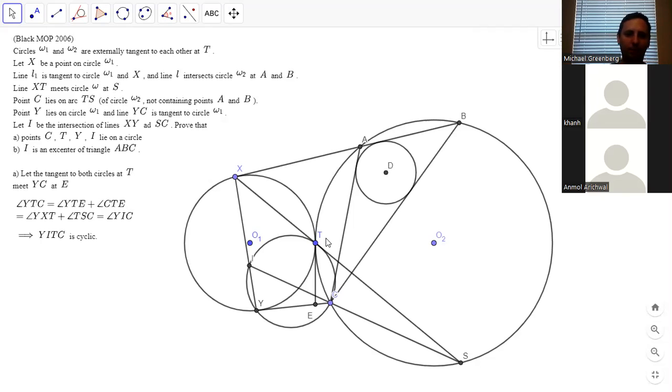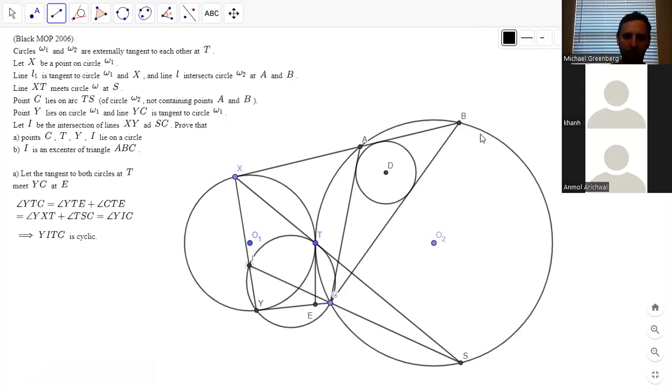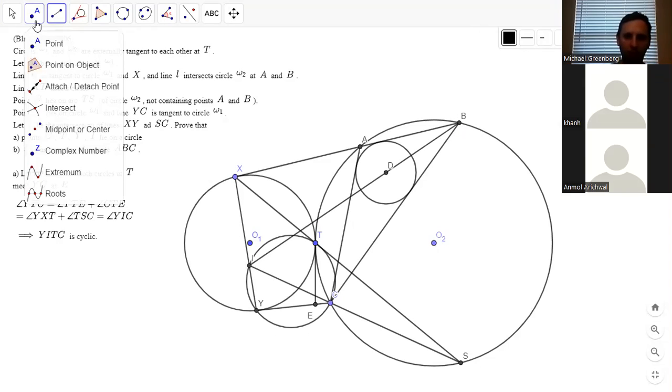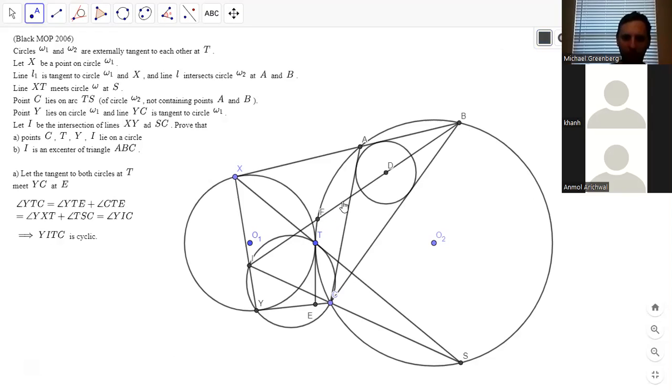So basically, we could draw the midpoint of this arc. I'm going to cheat here a little bit. If this is the midpoint of the arc, we could try to show that B, F, and I are collinear.